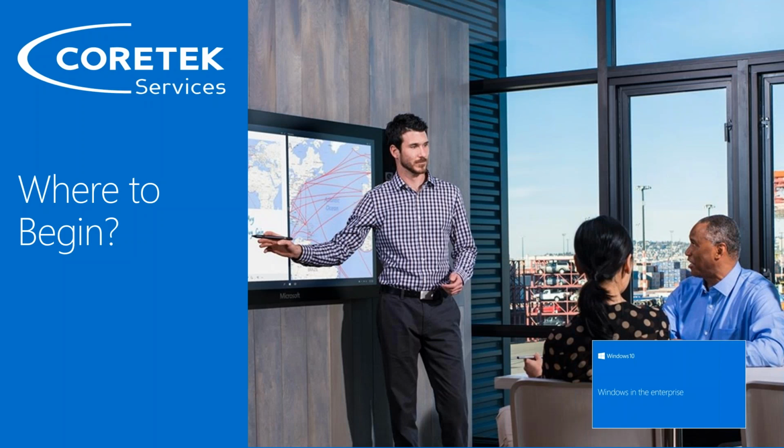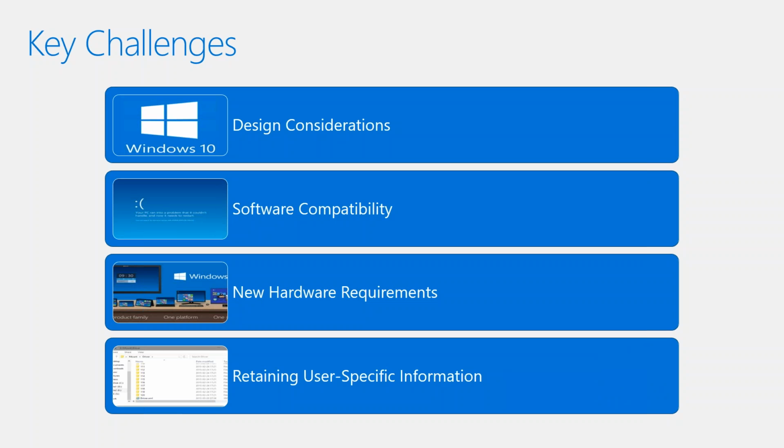So where do we begin with Windows 10? When we look at large migrations like this, we look at these 4 key challenges, and we'll go into each of them. Looking at design considerations, with Windows 10 you face a number of new key challenges from a design perspective.